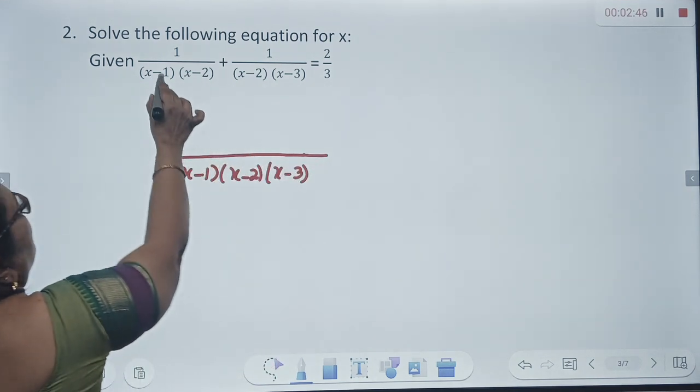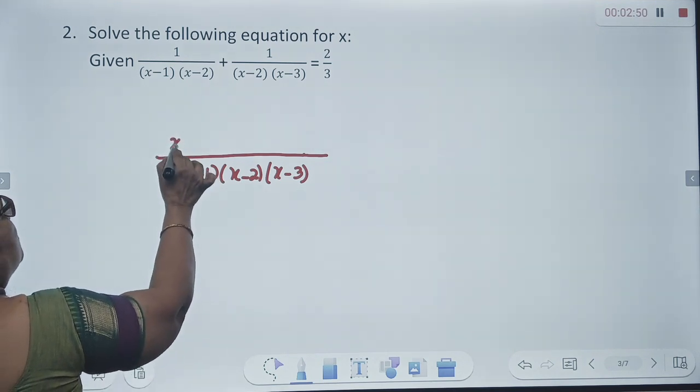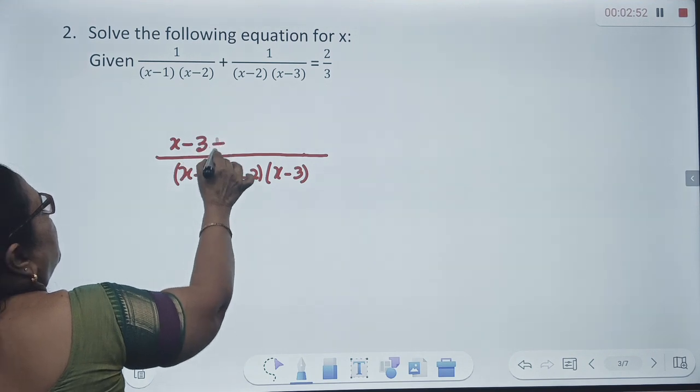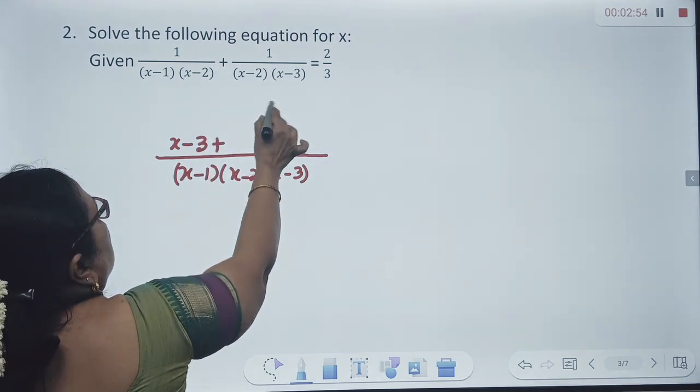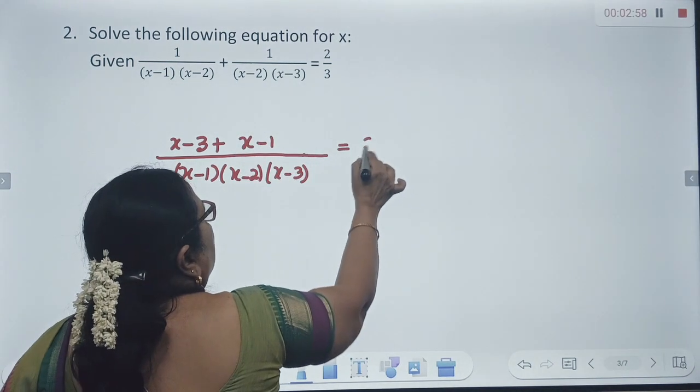So what will be there in the numerator? So x minus 1 into x minus 2 I have written. So x minus 3 plus x minus 2 into x minus 3 is written. So x minus 1 equal to 2 by 3.